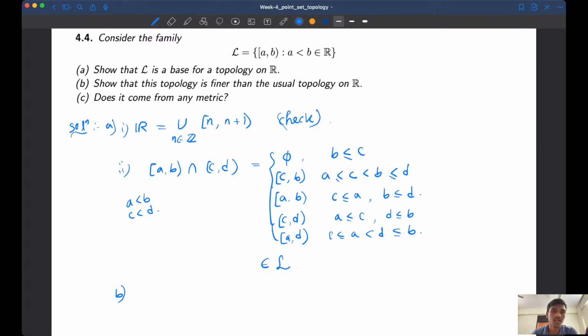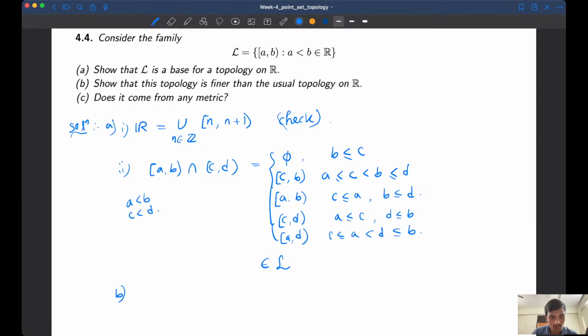So if we can write any basis element of the usual topology as the union of these elements, then that always says that those basis elements are contained in the topology generated by this basis. So once the basis elements are contained in the topology, that means the usual topology itself is contained in the topology generated by this as well, right?